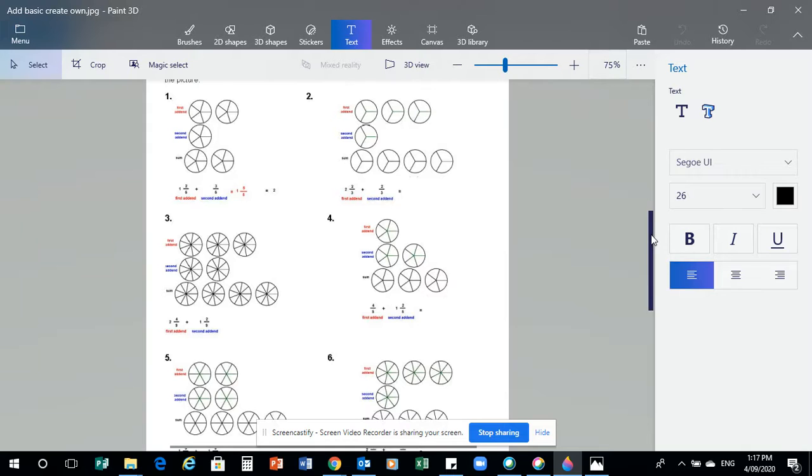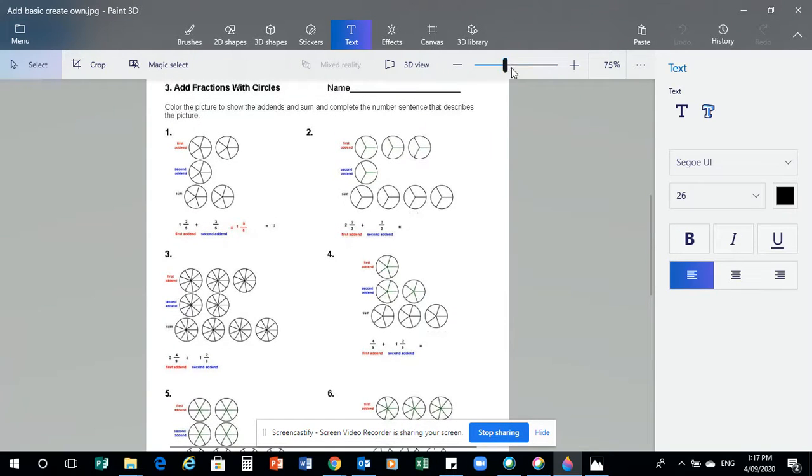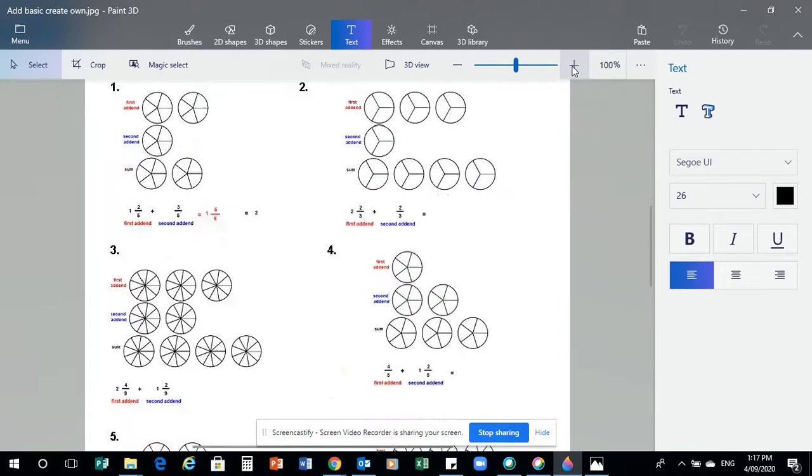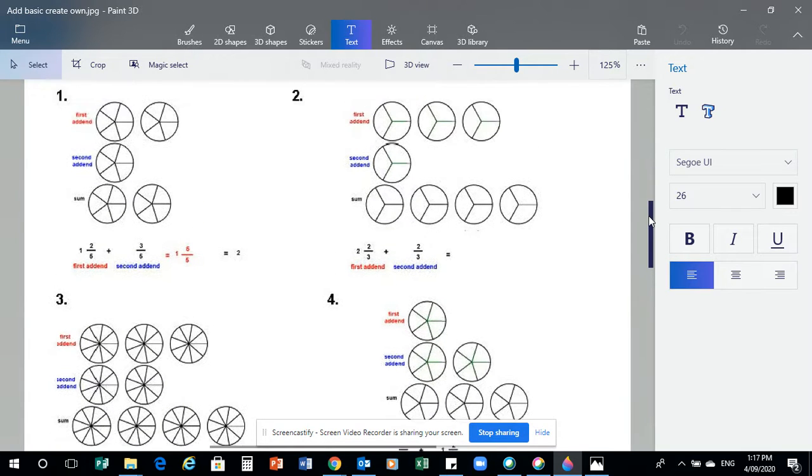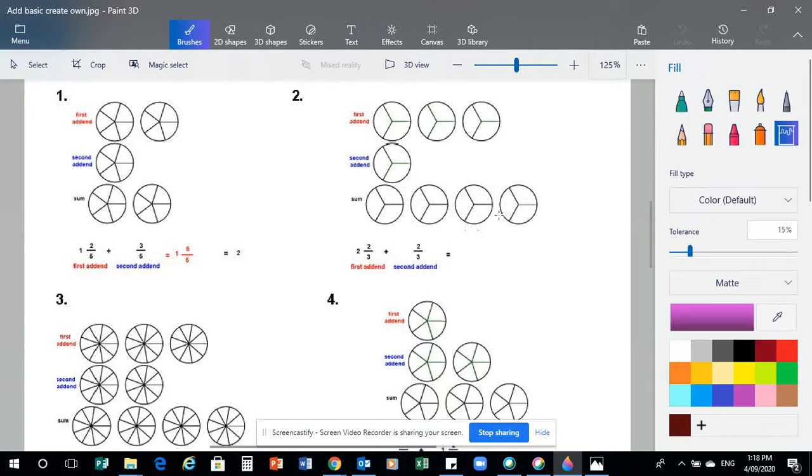All right, so the first one here, let's zoom a little bit more. We have a look and we go, okay, so our first number sentence, they've shown it for us, is 1 2/5 plus 3/5.